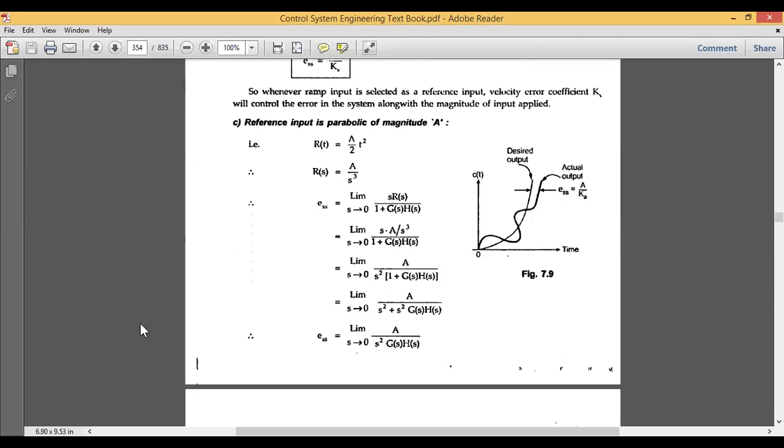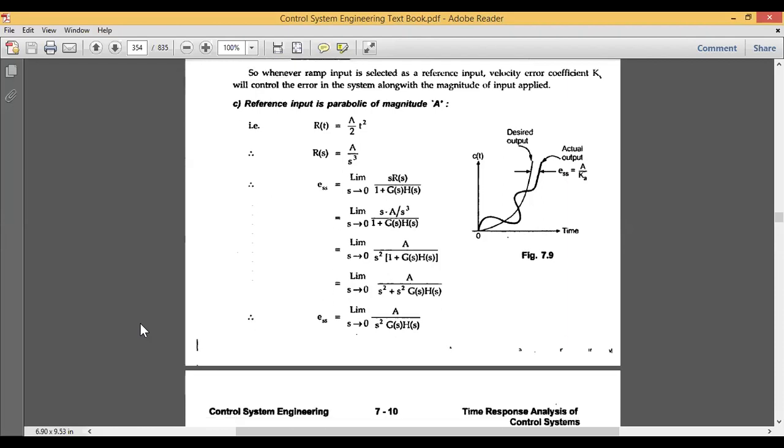Similarly, we have one more type of test input signal, which is the parabolic input, whose magnitude is represented by A divided by 2 into t square. If R of t is A by 2 into t square, and I convert this into the Laplace domain, it becomes A divided by s cube.